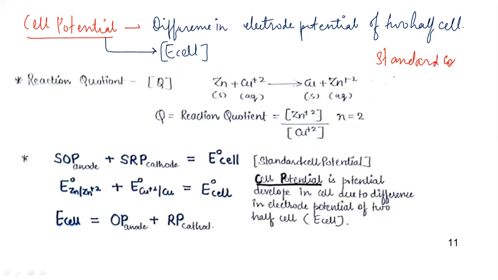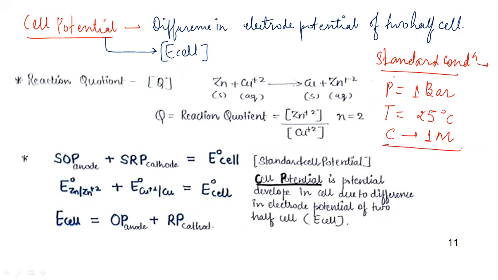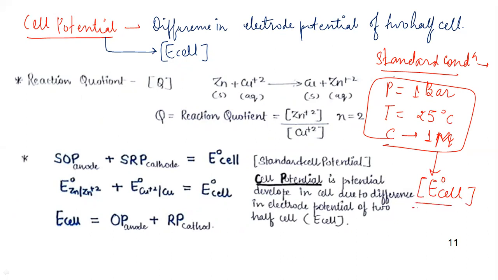Pressure 1 bar, temperature 25 degrees Celsius, and concentration 1 M. These are the standard conditions, and the standard cell potential is represented by E naught cell.